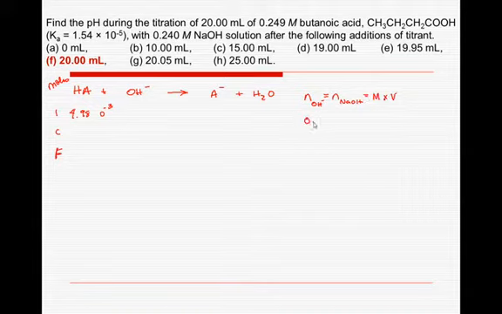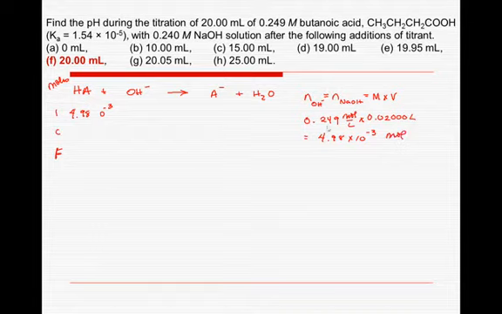Well, the molarity is 0.249 moles per liter times the volume of 0.02000 liters, and that's going to give me the exact same number as well, 4.98 times 10 to the minus 3, and that would be the moles of sodium hydroxide or the moles of hydroxide. So I'm going to put this same number here.